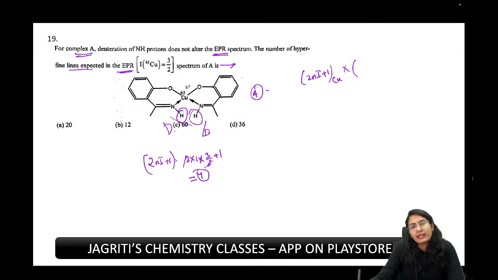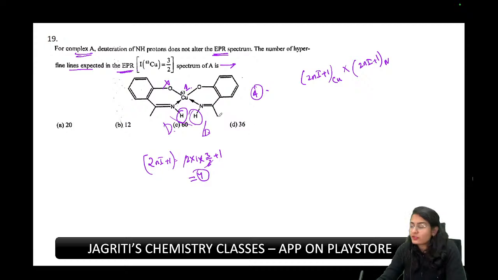So that one unpaired electron is going to be delocalized throughout the system. That's why it is going to be split by nitrogen and by copper, not by the oxygen, क्योंकि oxygen में क्या होता है सब even होता है, that's why, and not by these hydrogens.